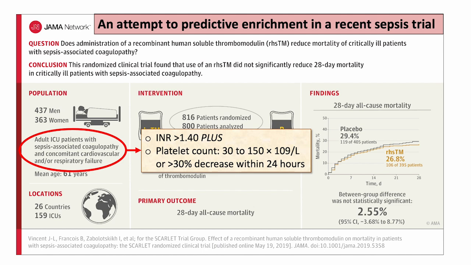So by only enrolling patients that showed signs of coagulopathy, these trials sought to enrich the population for patients that might benefit from this anticoagulant therapy. However, as you can see on the right-hand side of this slide, the overall benefit of soluble thrombomodulin was not significant. So this was a negative trial.